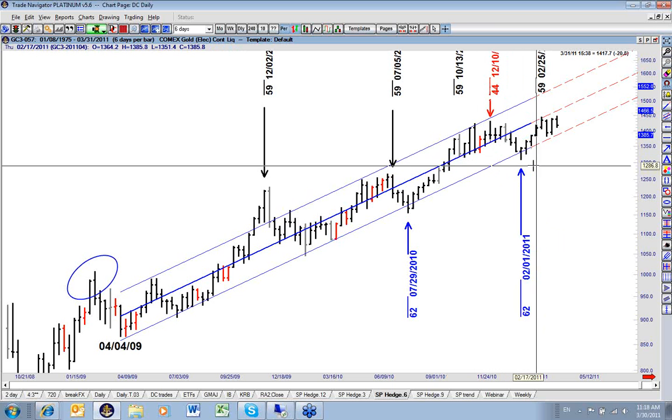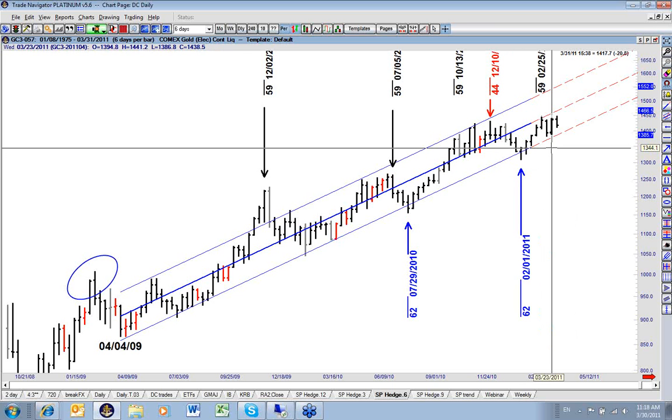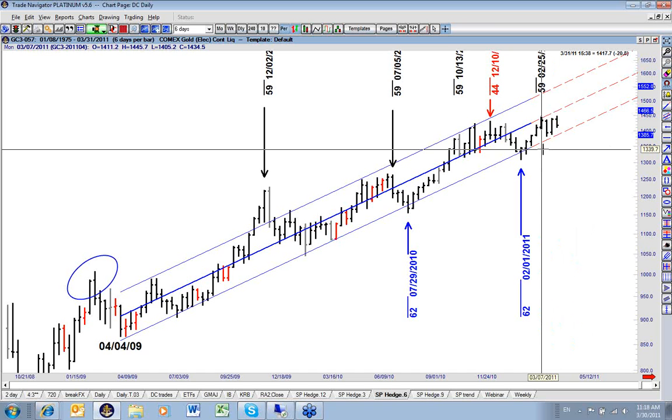Now, from there, it's 1, 2, 3, 4, 5, 6, 7. All it's done is test the middle of the median channel. This market is getting weaker at the moment. Now, that's not to say that a new force can't come into it tomorrow and it starts going gangbusters again, but all we can do is look at the evidence in front of us, and right now we would surmise that this market is weaker than it was.